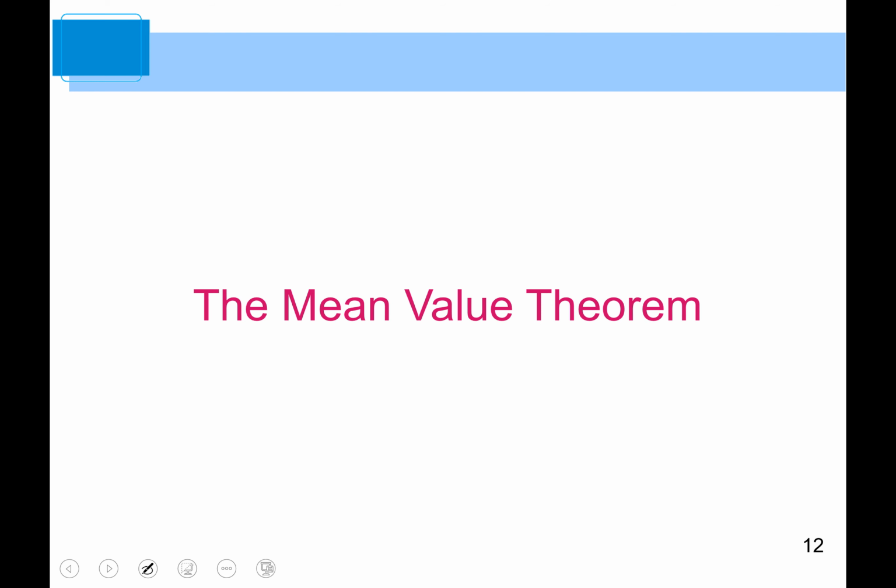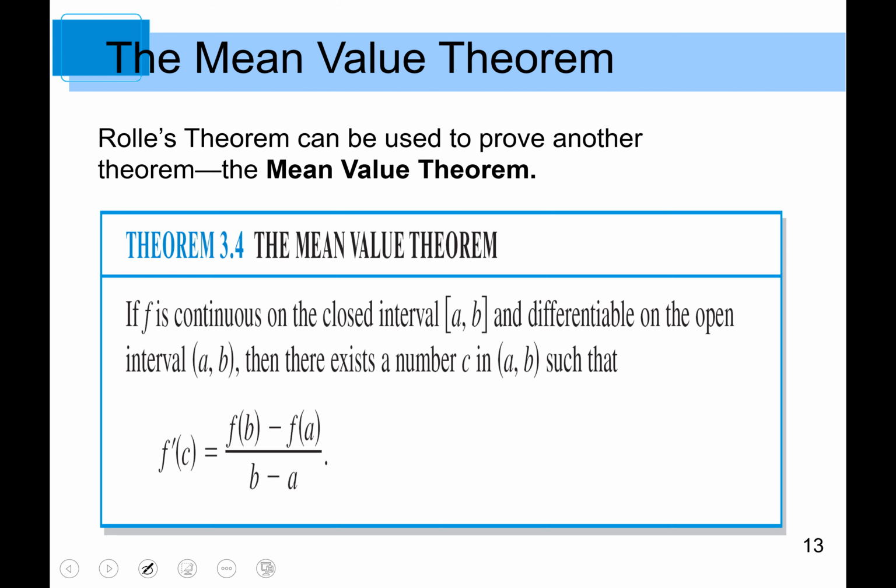The next thing, let's take a look at the mean value theorem. People usually abbreviate it as MVT. Rolle's theorem could be used to prove another theorem, which is the mean value theorem.